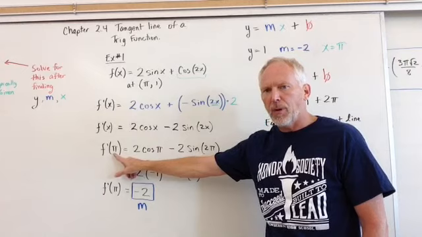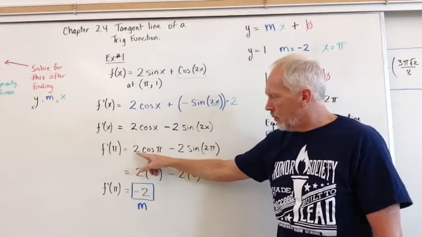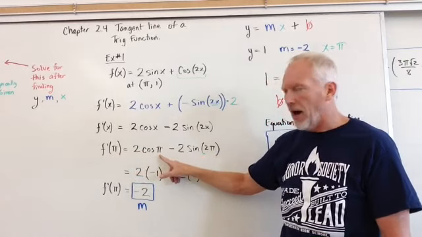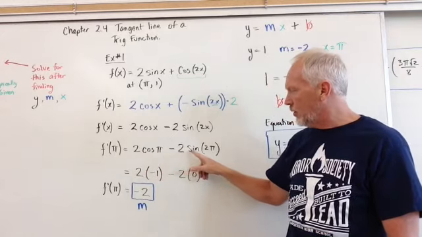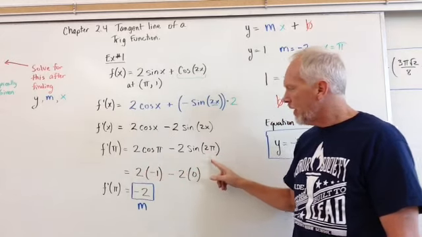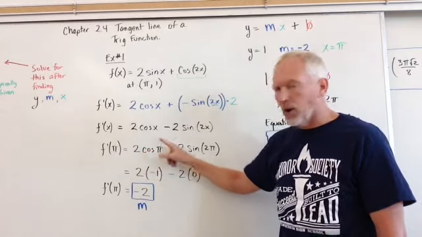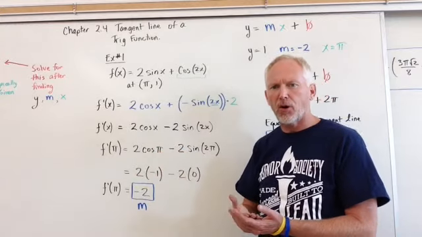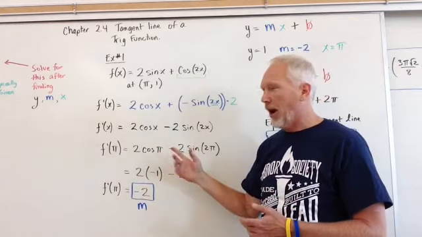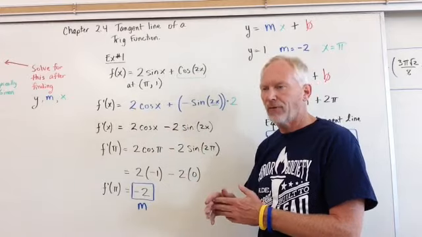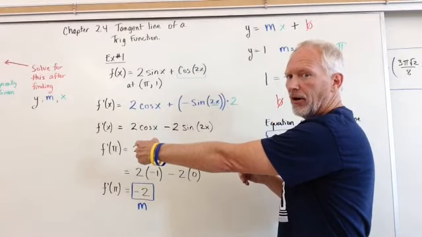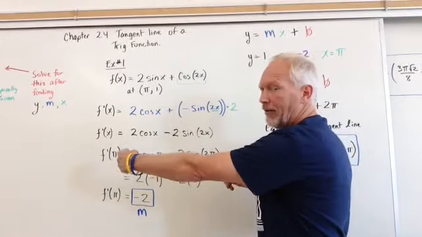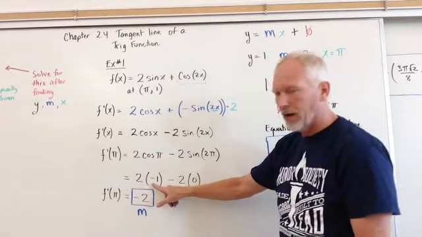And now when we plug in pi, we say 2 cosine of pi minus 2 sine of 2 pi. Now, what is the cosine of pi? You might want to get your unit circle out. If you recall, pi is to the left in our unit circle at 180 degrees. So we're going in the negative x direction. We're going 1 unit.